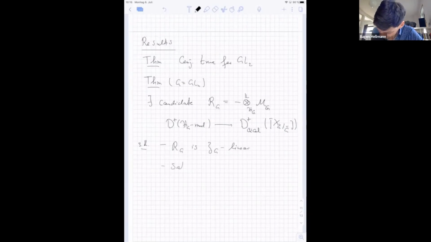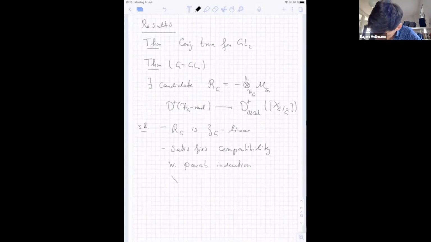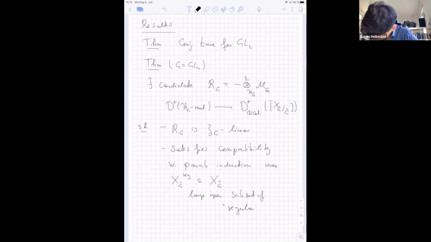It satisfies compatibility with parabolic induction, at least over a large open subset of what I would call regular elements.